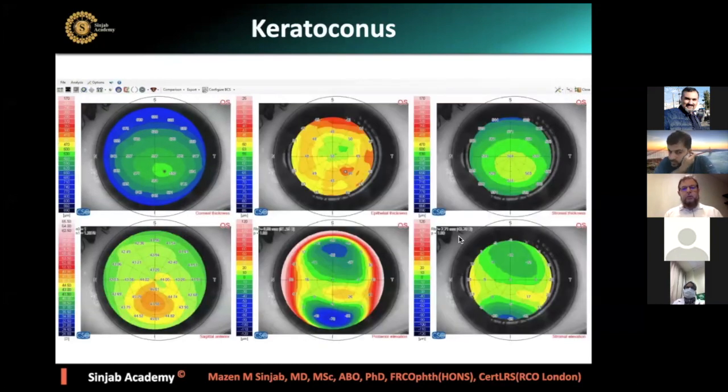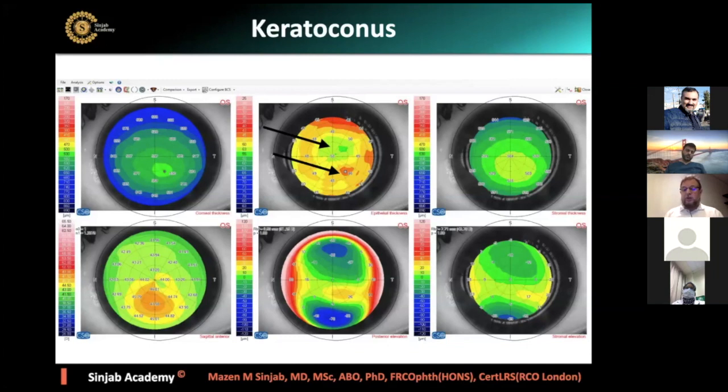Now we come to the pachymetry map, or the epithelial thickness map. This is on MS39. If you look at the picture in the middle, you will see that there is thickening above the center of the cornea, and there is thinning below the center of the cornea. I'm talking about the epithelial thickness map.